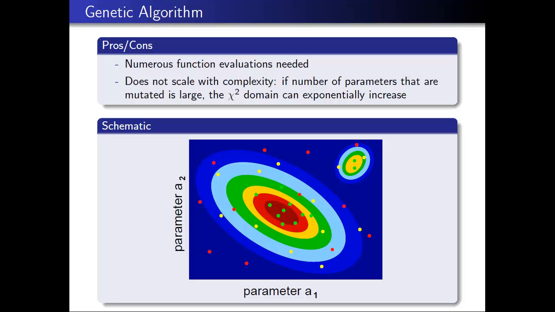The con of this method is that numerous function evaluations are needed, and that it doesn't scale with complexity. If the number of parameters that are mutated is large, you can really expand your chi-squared domain fast, and that can run you into some problems.